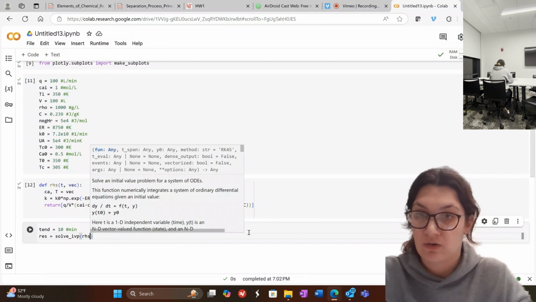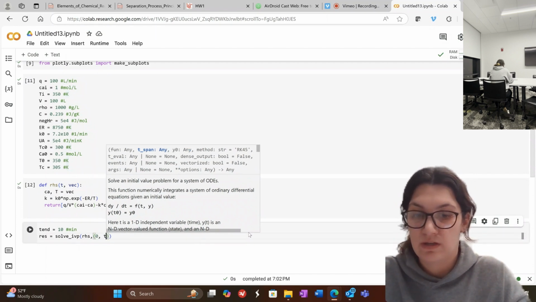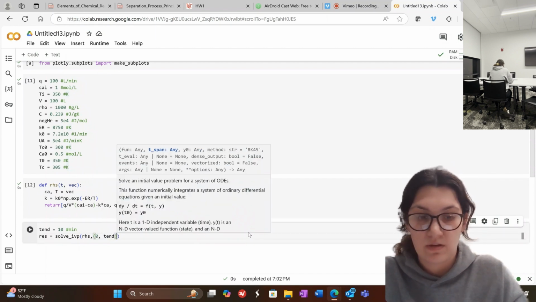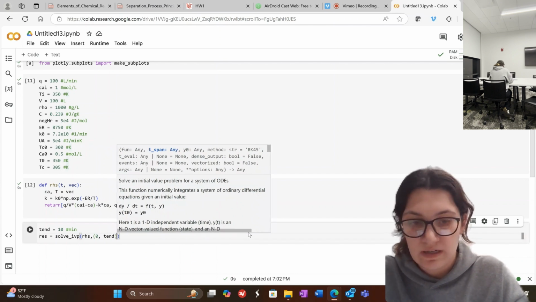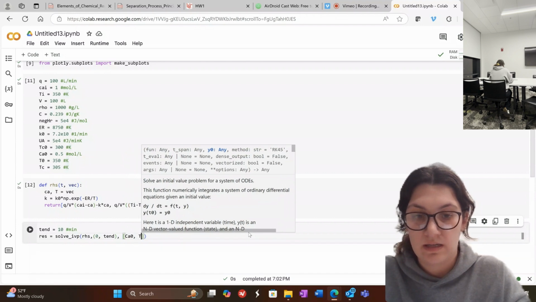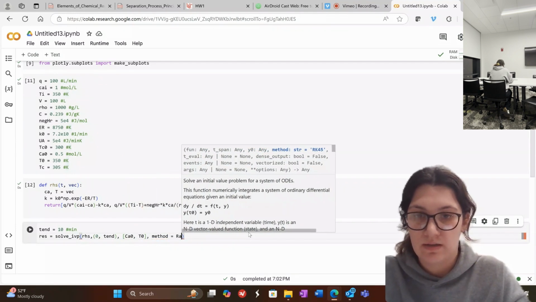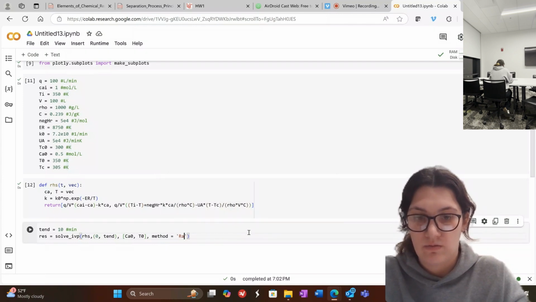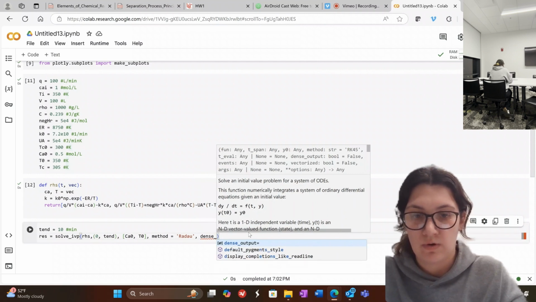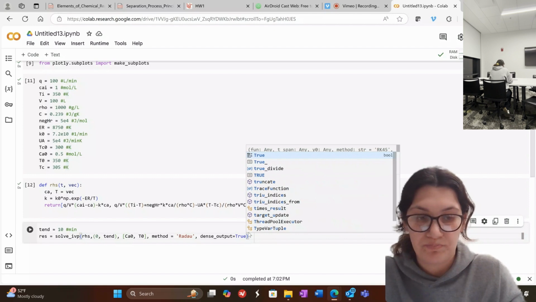Our function is our right-hand side. Our time is 0 to the end. Our initial guesses are CA naught and T naught. Our method is dense_output equal to true.